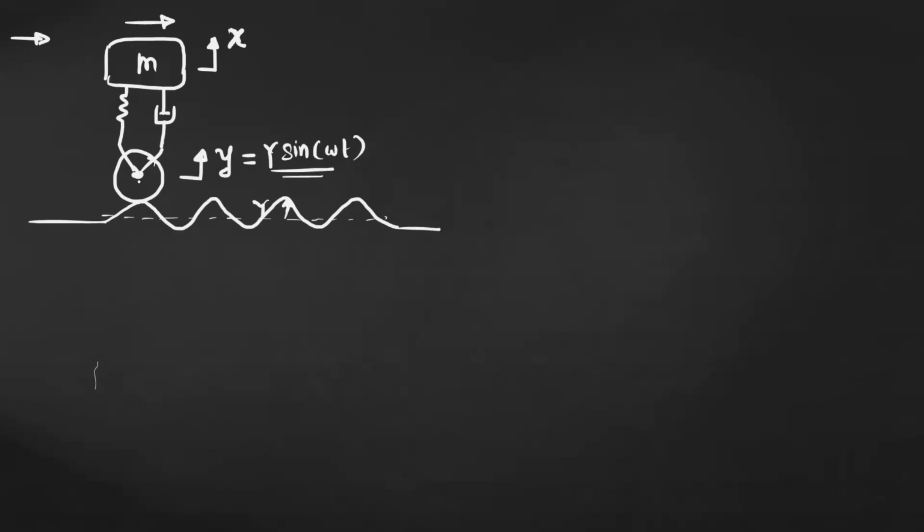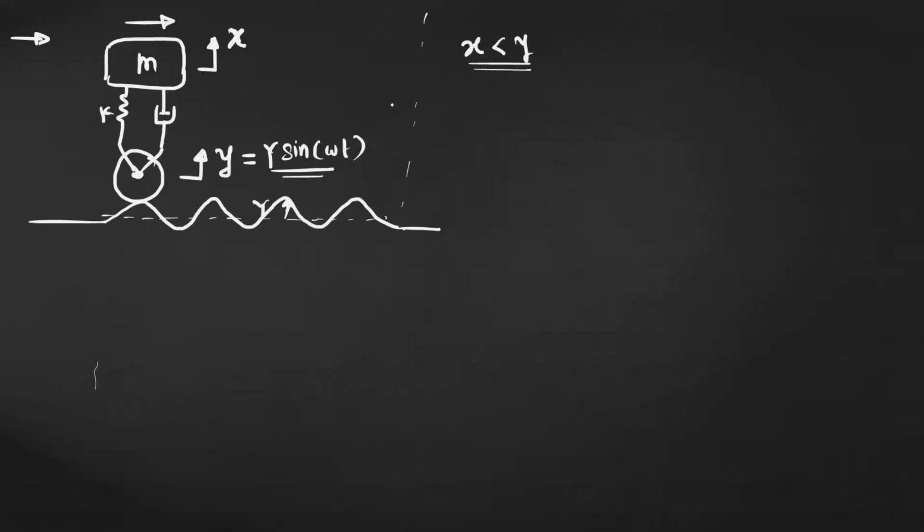Now we have to find out the relation for x upon y. So we will draw the free body diagram by assuming x to be less than y. So this is our assumption, x less than y. So when the x value is less than y value, then the spring will undergo compression.